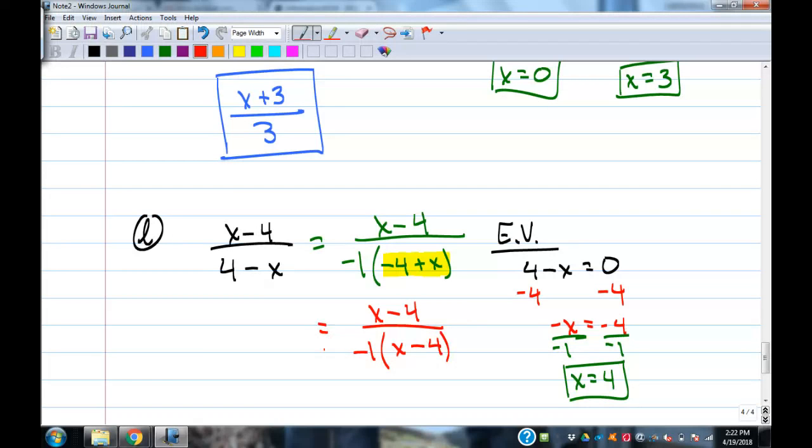And then now the x minus 4s cancel each other out. 1 over -1, which is -1. Because if everything cancels out on the top, it's a 1 left over. There's a -1 here, so 1 divided by -1 is -1. So this ugly thing here turns into -1. But the key is factoring out the negative. Okay? The key is factoring out the negative.